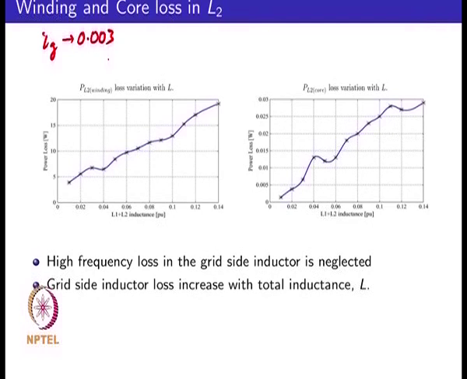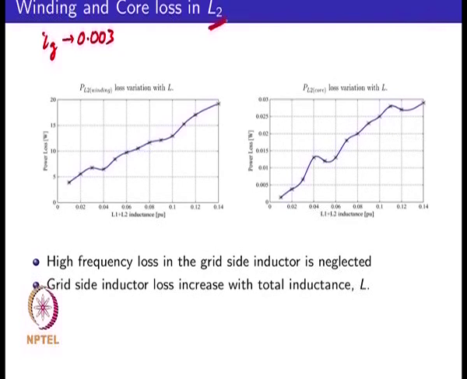So in terms of the ripple current flowing through inductor L2, there is almost no ripple. So if you look at the high frequency loss in the grid side inductor, it can actually be neglected. You can think of it as essentially a fundamental frequency which is flowing through the inductor L2.